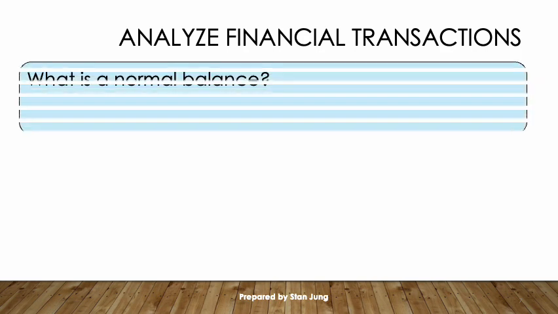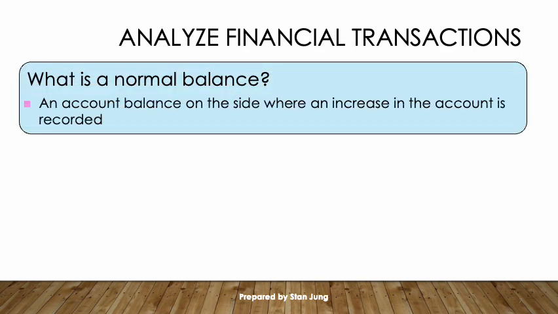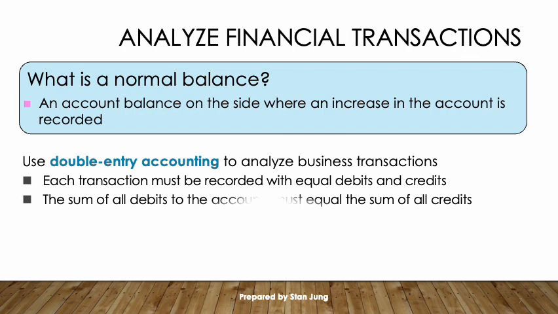Now I'm going to introduce the concept of a normal balance, which is an account balance on the side where an increase in the account is recorded. So this is how we're going to record an increase. Now, in double entry accounting, we have to analyze business transactions.